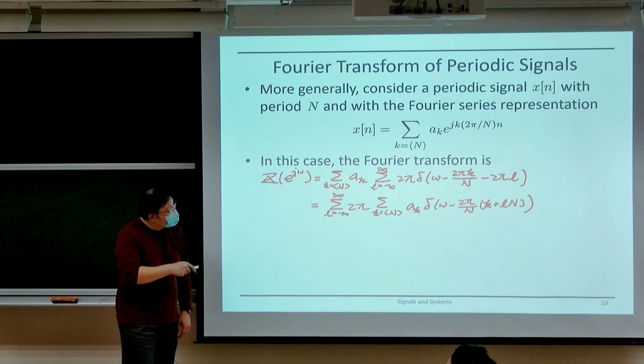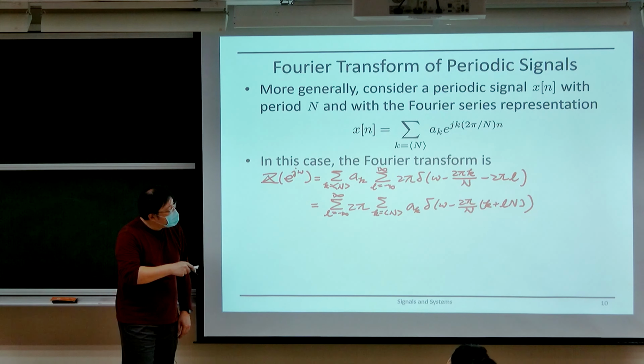And suppose we do a change of variable where we set k prime equal to k plus LN. So in this case, we get the summation over L of 2 pi times the summation over k prime, which now goes from L capital N plus 1 up to L plus 1 times capital N, of a_(k prime minus LN) delta of omega minus 2 pi over capital N k prime.